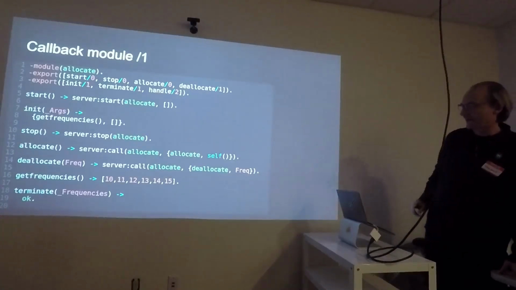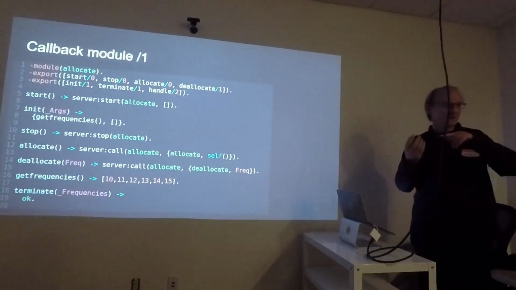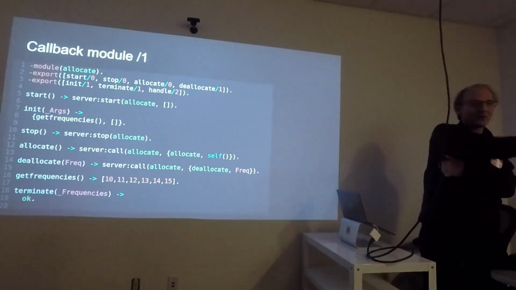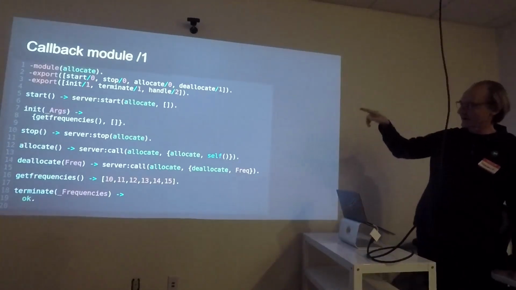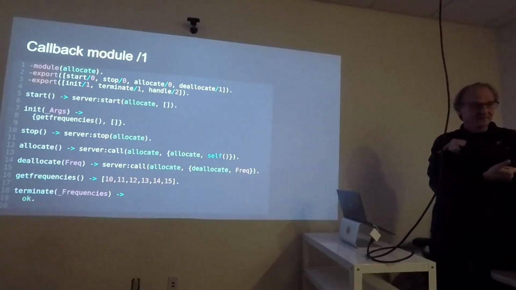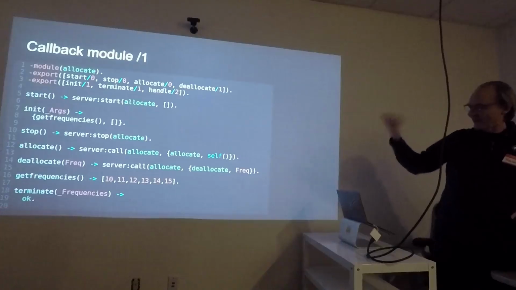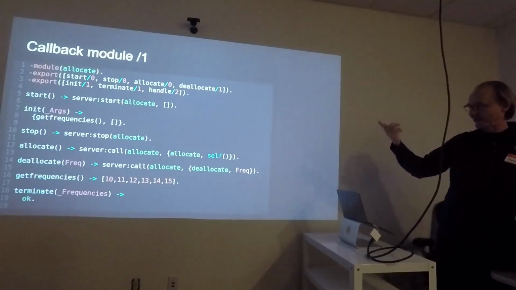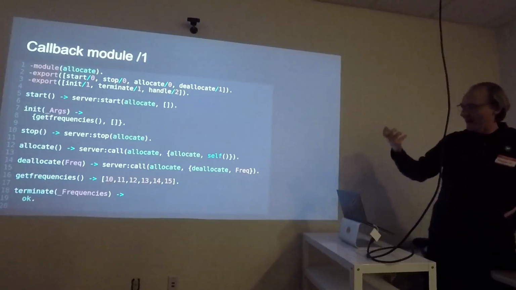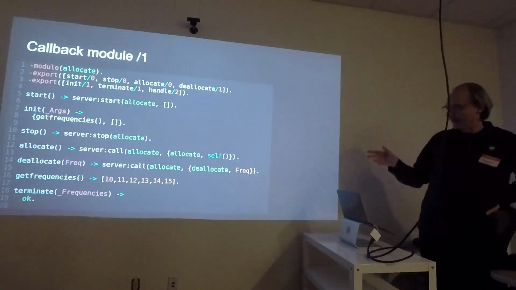Then the init function is called by the server as a result of calling start on the server. There's a callback to init on the client, and init returns this tuple, which is the array coming from get frequencies and an empty list.